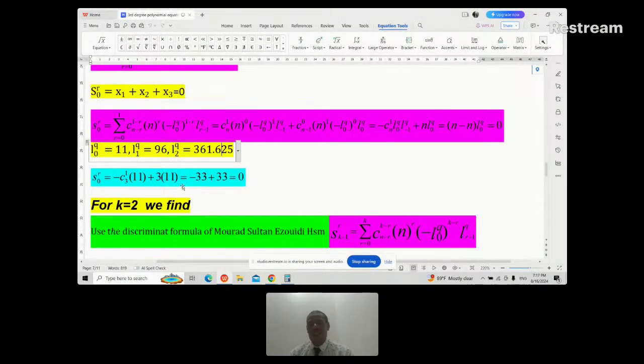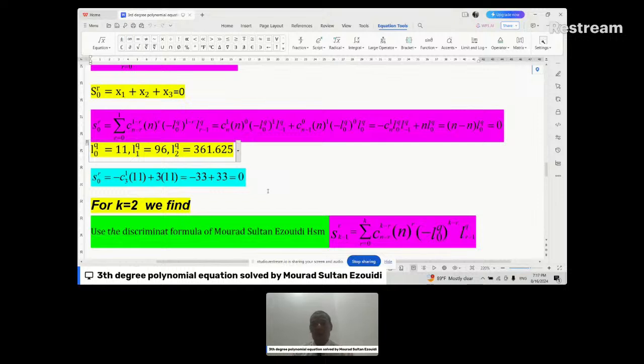S0, we said, is given by the formula negative combination 3 choose 1 times 11 plus 3 times 11, equal to negative 33 plus 33 equals 0. By convention S0 is 0, meaning the sum of the x roots has to be equal to 0. Like when you are working with the second degree polynomial equation, root of delta minus root of delta has to be equal to 0.